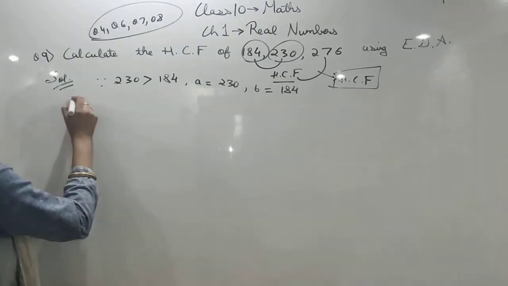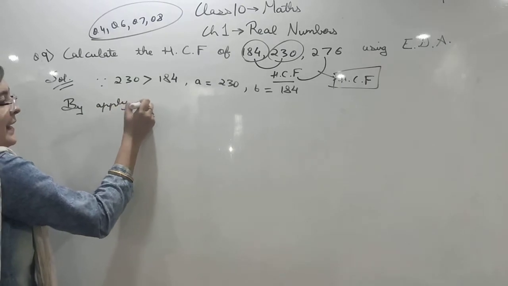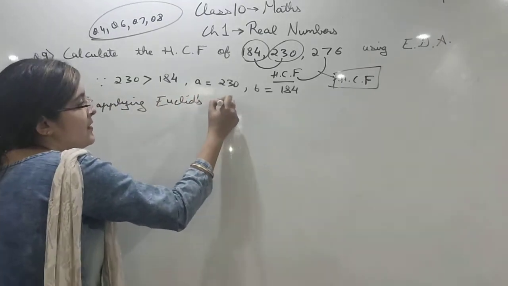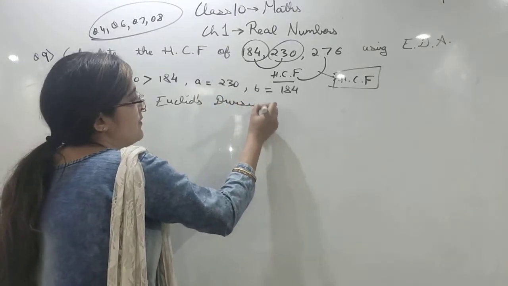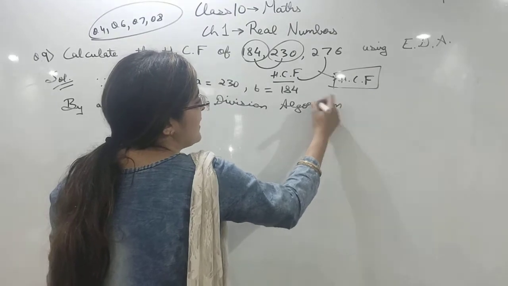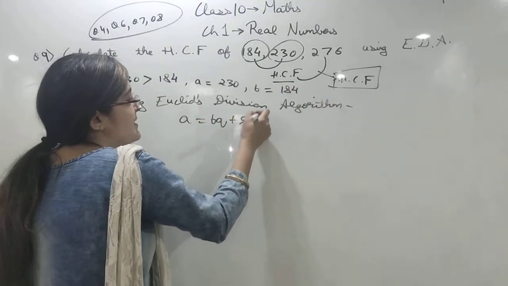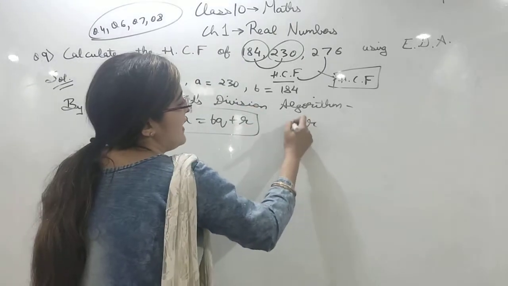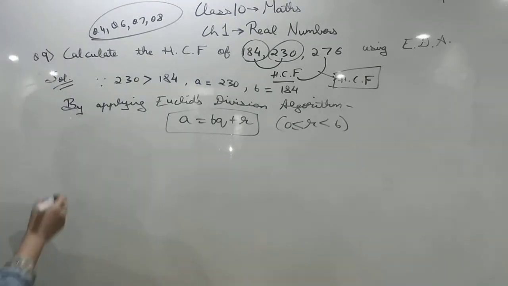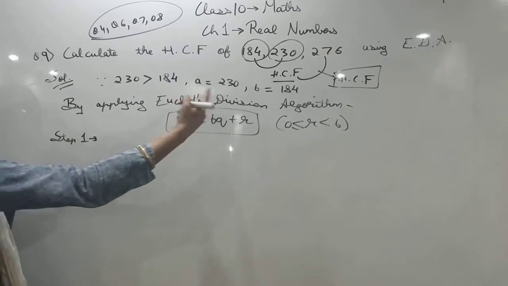Now by applying Euclid's division algorithm, again I am writing A is equal to BQ plus R, where R is greater than or equal to 0 and less than B. So what will be our step 1? In step 1, we will put the values of A and B.